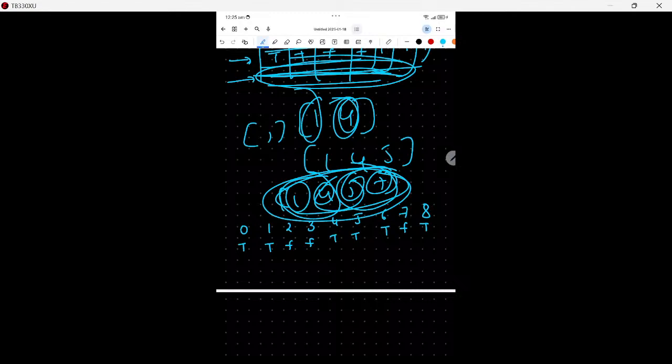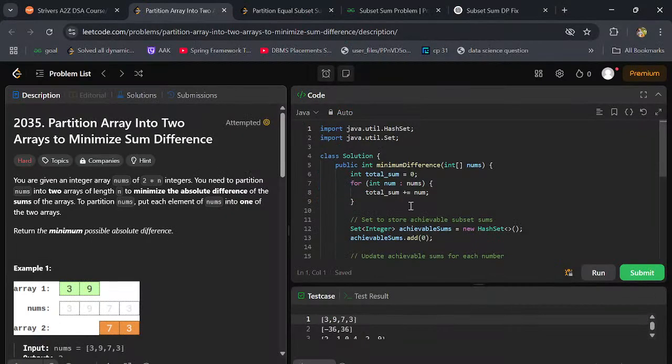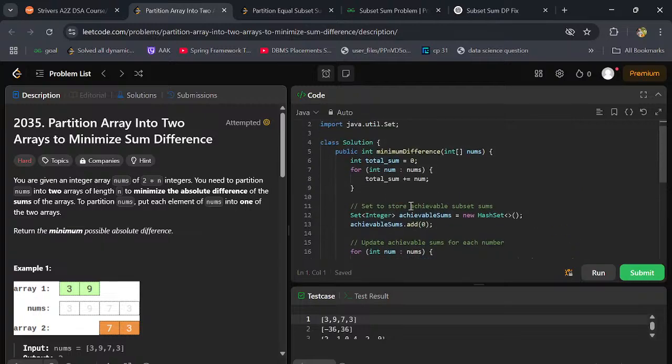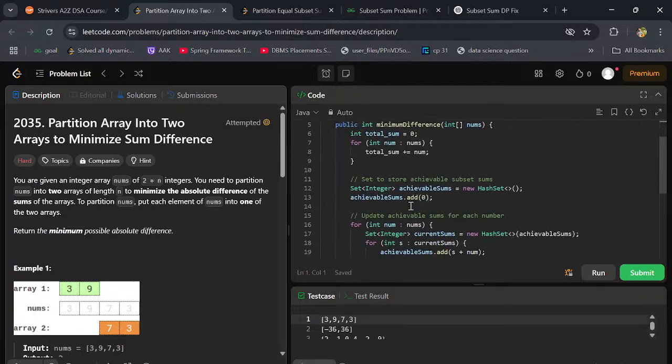What will we do here? Let's give the total sum, I guess. It's better to give the total sum.